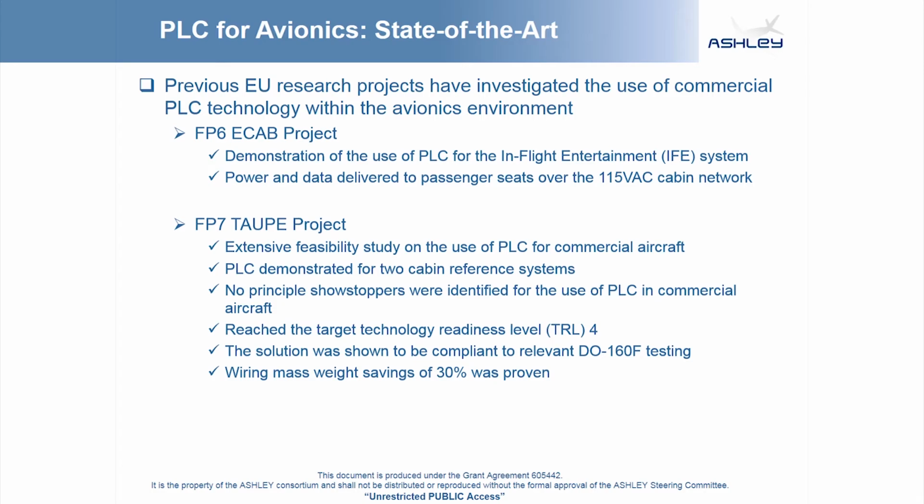No principal showstoppers were identified, and the verification work within the project showed that the technology readiness level of 4 was achieved. An analysis of the developed PLC solutions showed that a 30% saving of the wiring mass could be achieved. Furthermore, relevant EMC testing according to DO-160F was performed, and the solution was shown to be compliant.